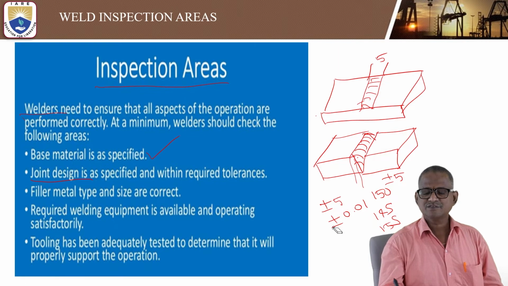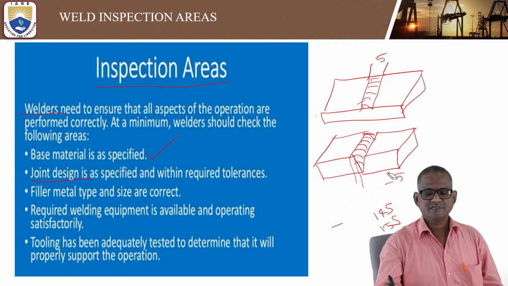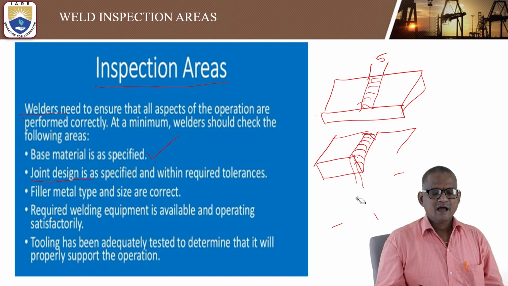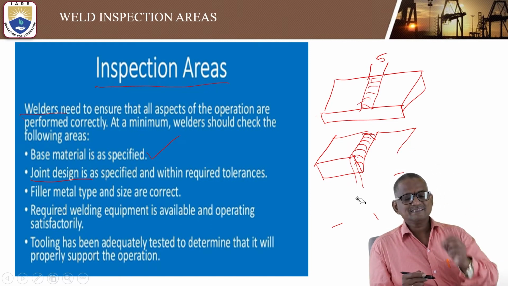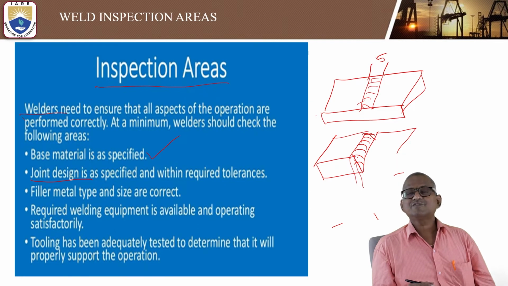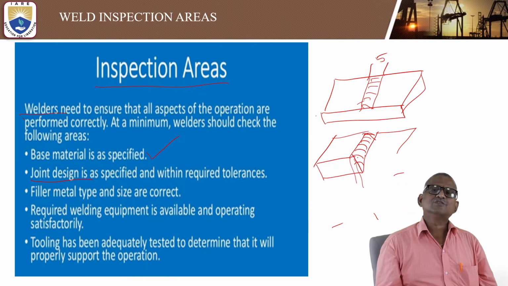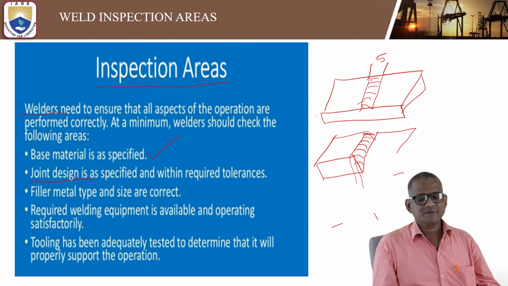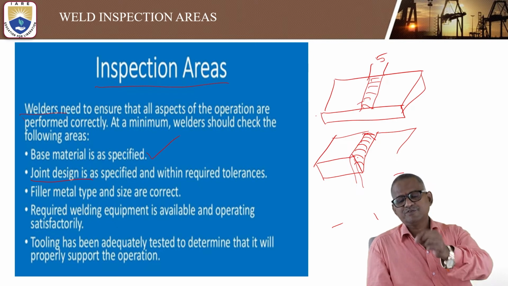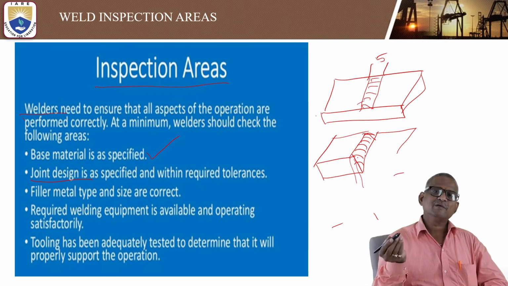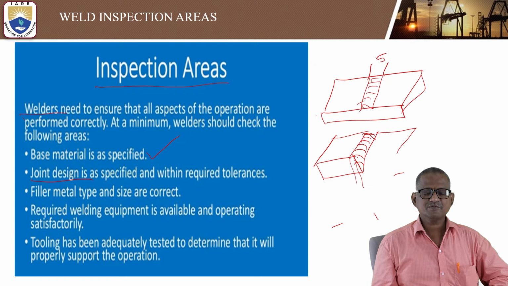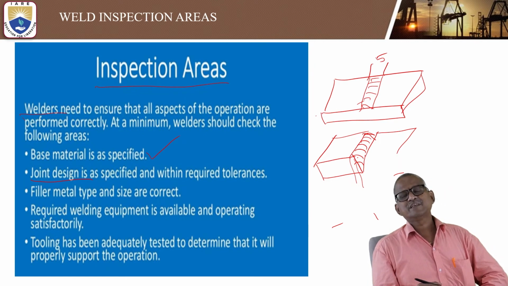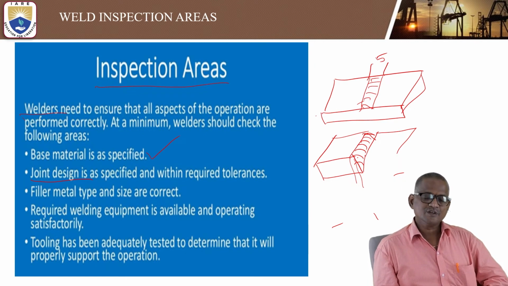Okay, so this is what joint design specification is. And another thing is whether the filler metal type and size are correct. What type of filler? If it is an arc welding process, the electrode, what type of filler, what is the material, how much you are able to fill. So it is overlapping, and you can also check that the correct filler metal is used.